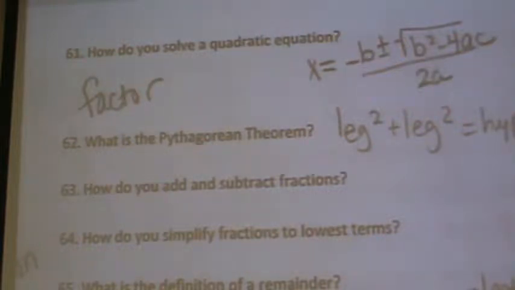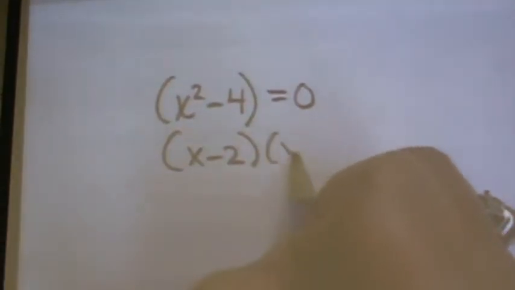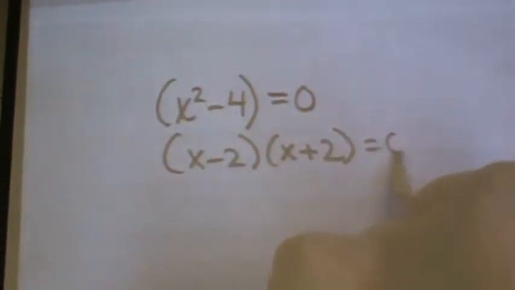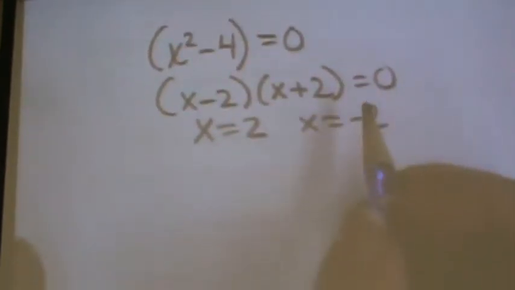How do you solve a quadratic equation? Well, there's many ways that you learn. Something like this is factorable. So some of them are simply factorable, so x would be 2 or -2, that's one way.